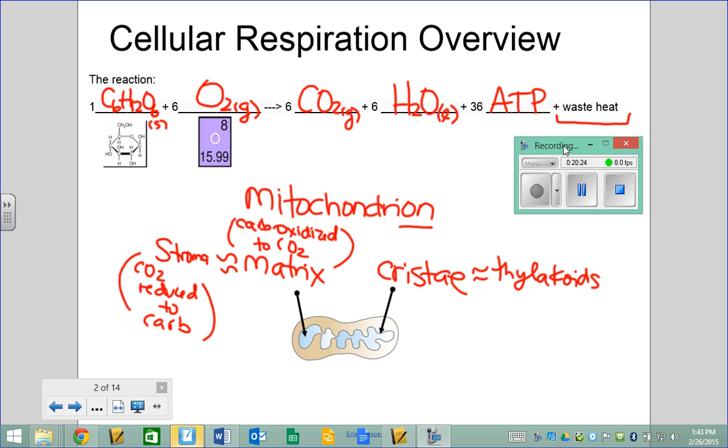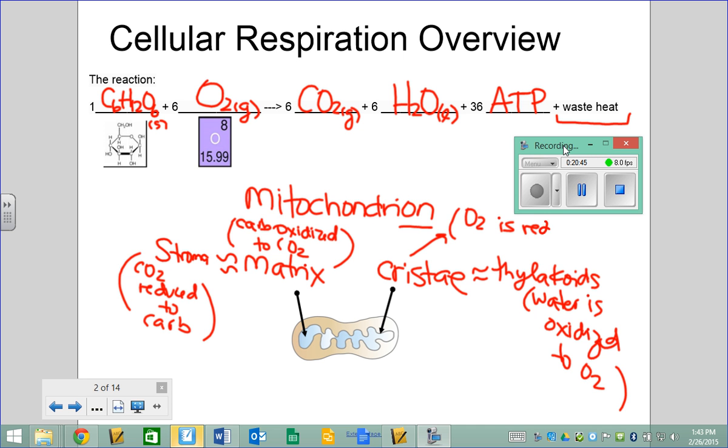The opposite process. In the thylakoid membranes, we know water is oxidized to oxygen, so water loses its hydrogen. In the cristae, guess what happens? Oxygen is reduced to water.